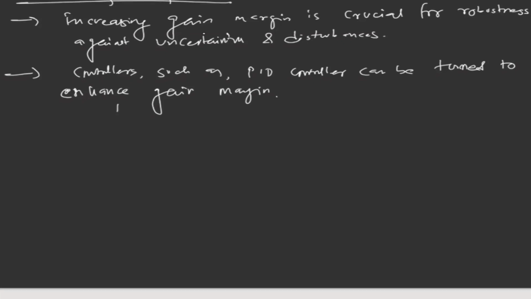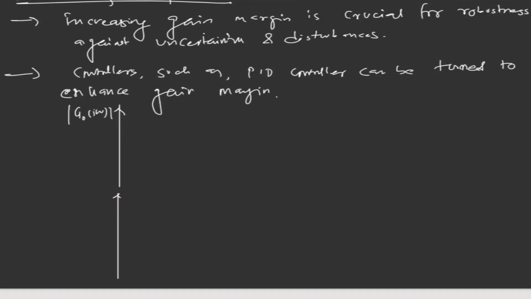Let me draw the figure. This is the magnitude plot and this is phase plot. So here, let's assume this is magnitude of G naught of j omega.